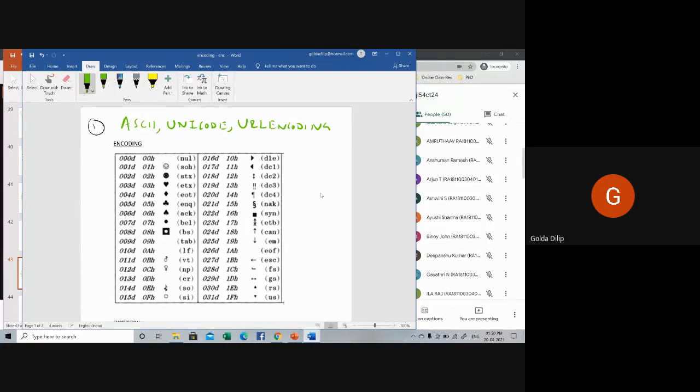You can see here, converting the data into a sequence of characters, symbols, alphabets, all these things. This is one type of encoding.